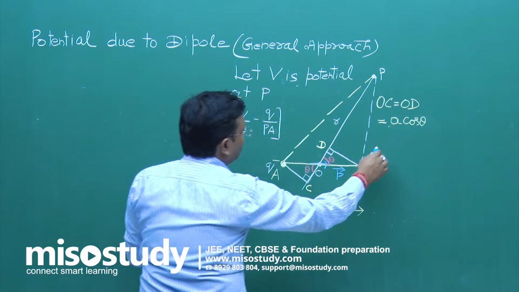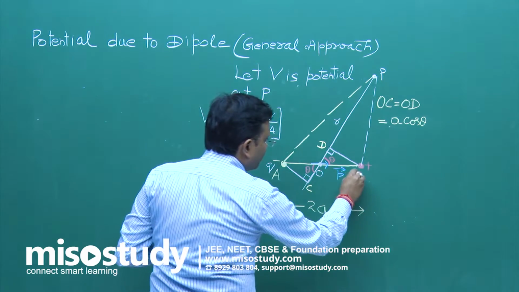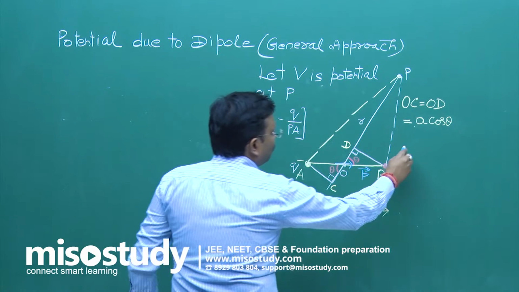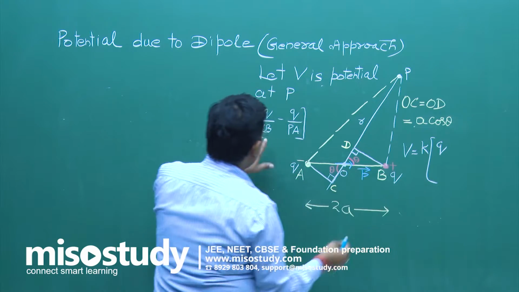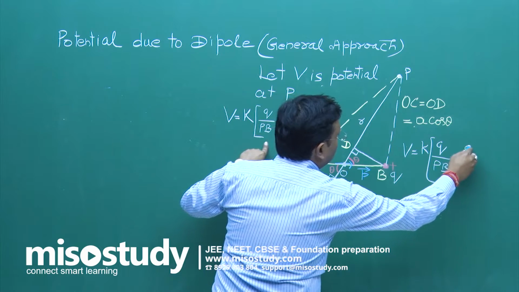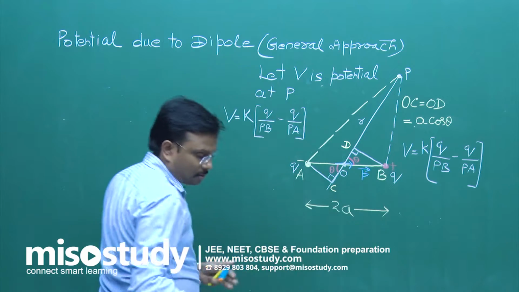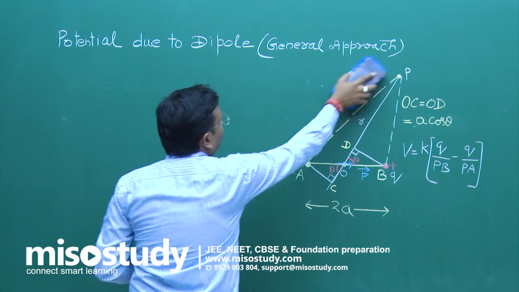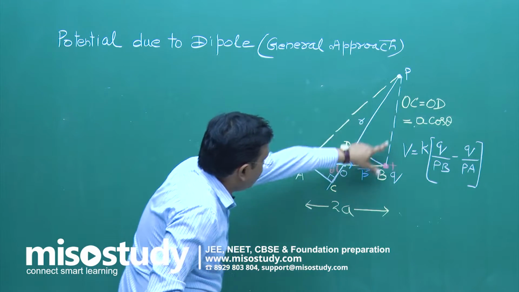Now this term is clear, so this is going to be B, this is going to be Q, and V is equal to K, Q upon PB minus Q upon PA. Fine, let's erase it. Now the first thing you have to find out is the value of PA and PB.